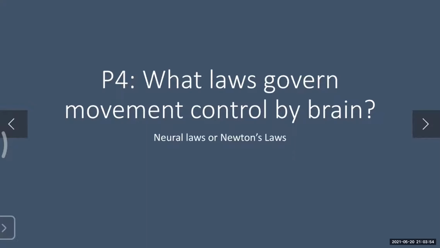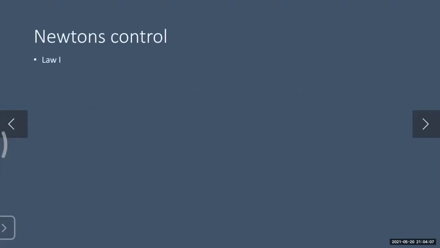Clear? So there is always a confusion between whether movements are controlled by neural laws or Newton's laws. This is the next problem that was posed. So let's go back to our physics class and start thinking about the laws. Can you tell me the laws?